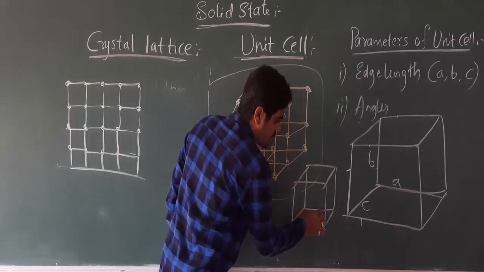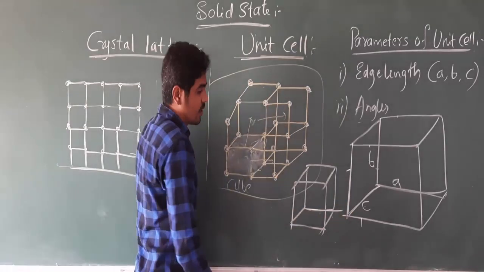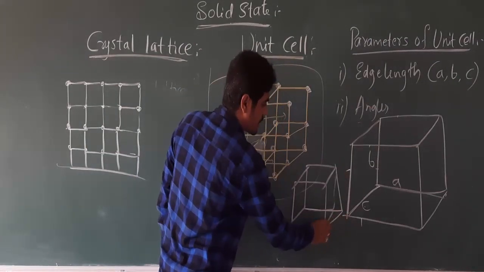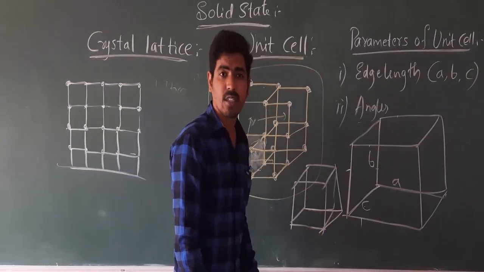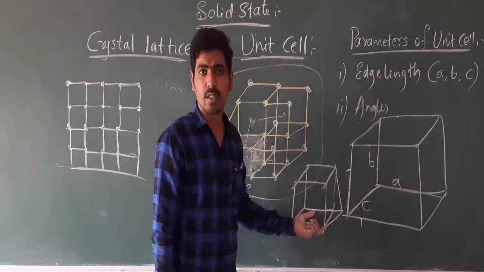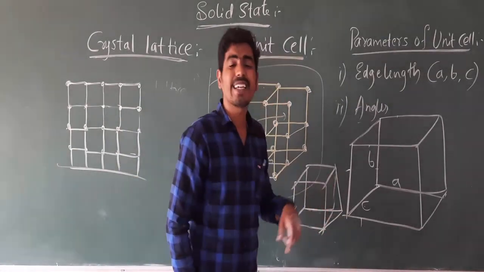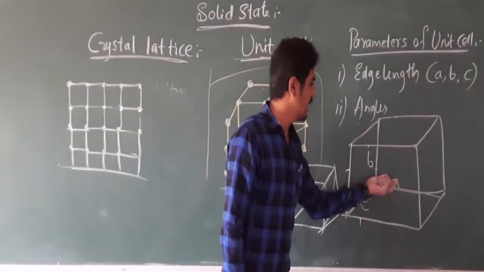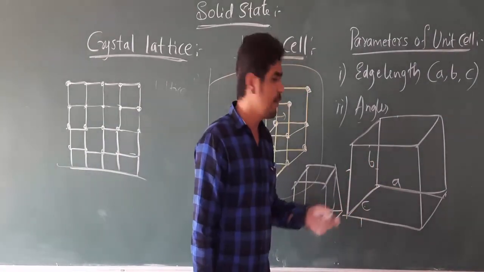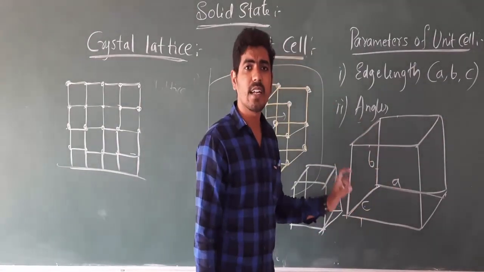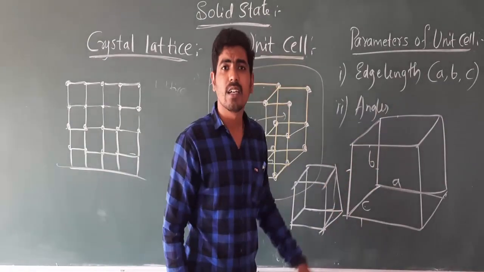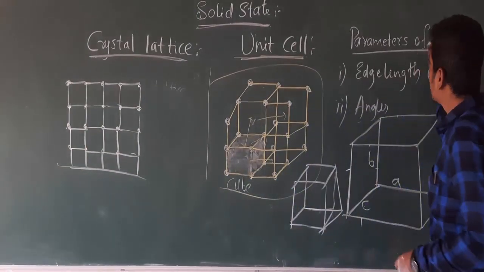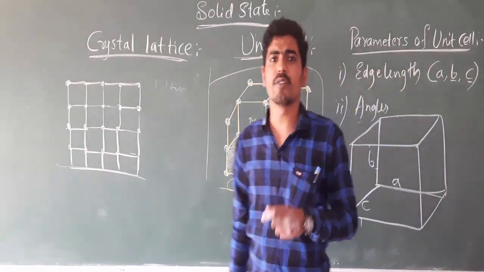Now I will increase the length of this A. Then what happens to the structure? We will represent the structure like this. And at that condition, it is not a cube. The structure of this cube gets changed. So if you change any one of these, A or B or C, the edge length, then the structure of the unit cell will also change. Hence, these three parameters will determine the structure of the unit cell.